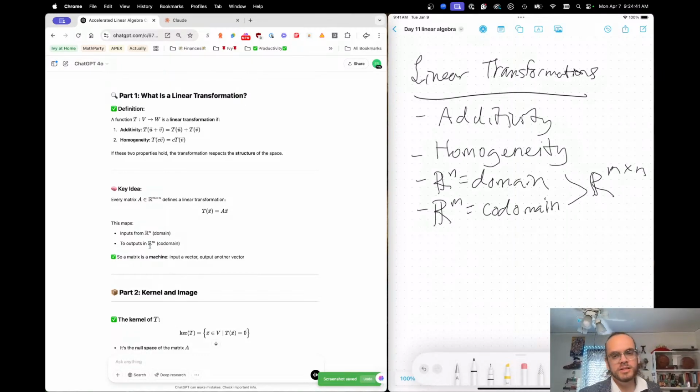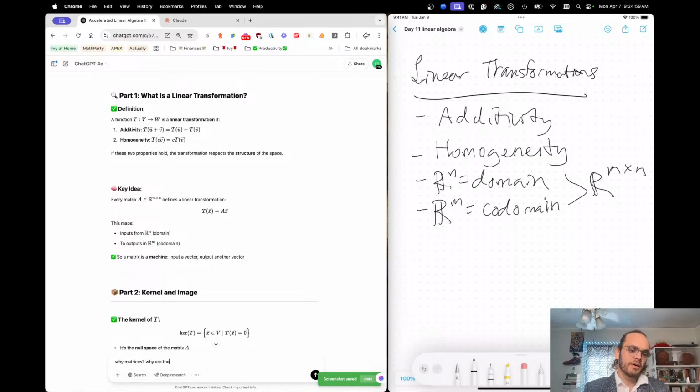One of the key things that has not yet fully clicked for me in linear algebra is why matrices? What is a matrix? Why is that a useful and fundamental way of displaying information? I'm actually going to ask that right now. Why matrices? Why are these a fundamental way of containing information?